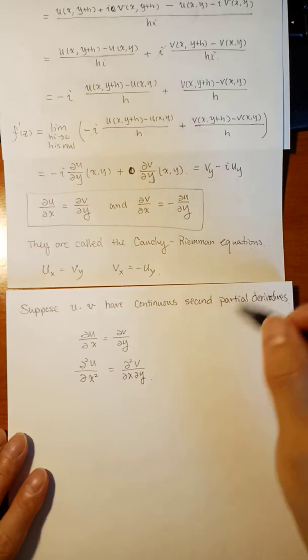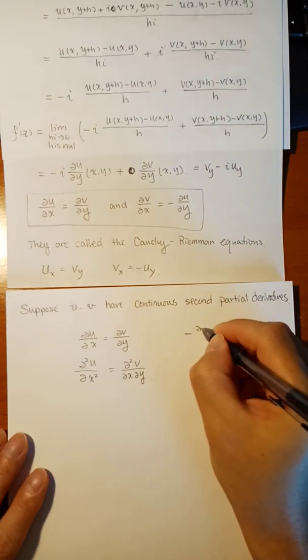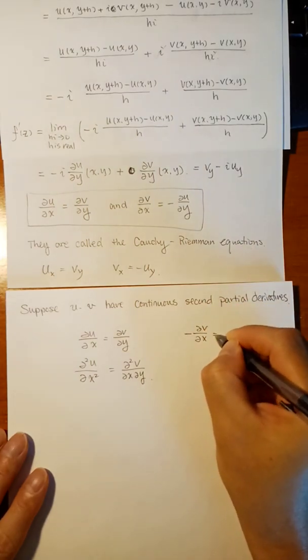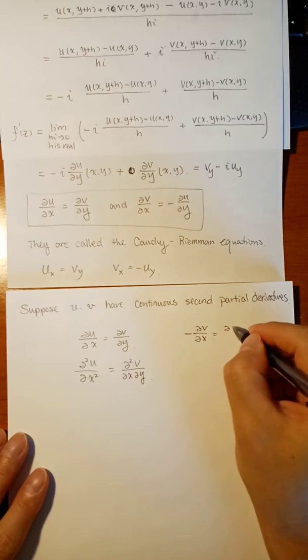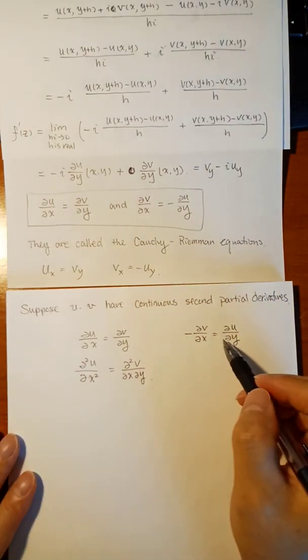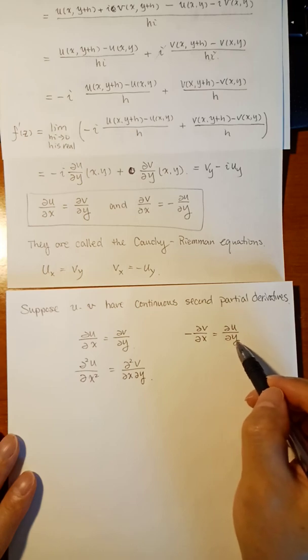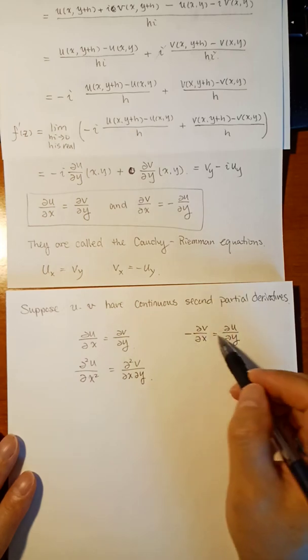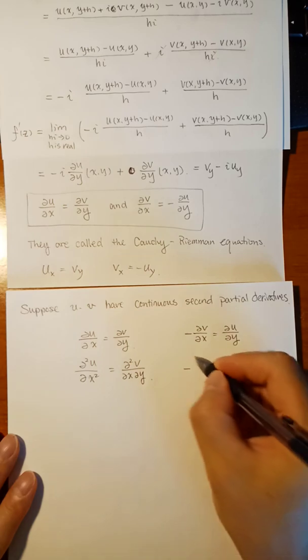We can move the negative sign to the other side, so negative partial v partial x is partial u partial y. Then we differentiate this equation with respect to y.